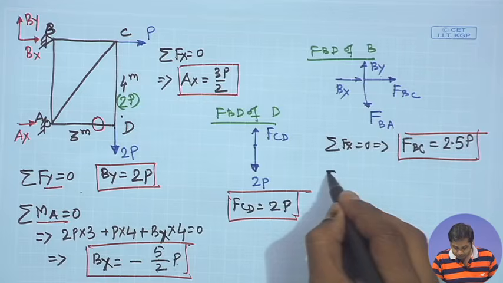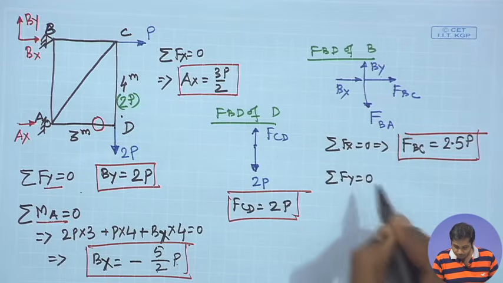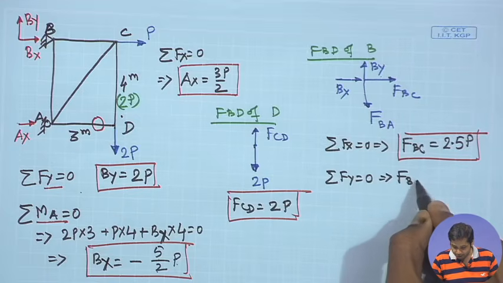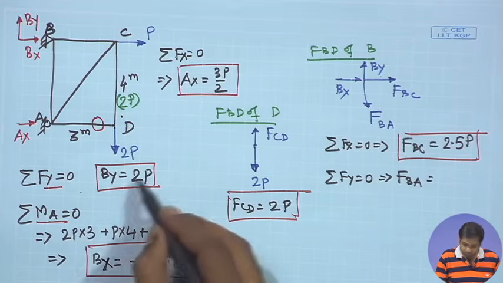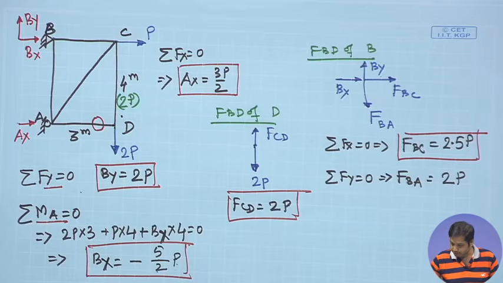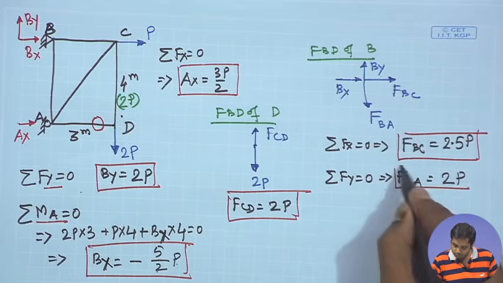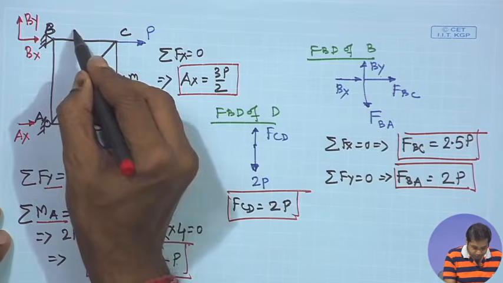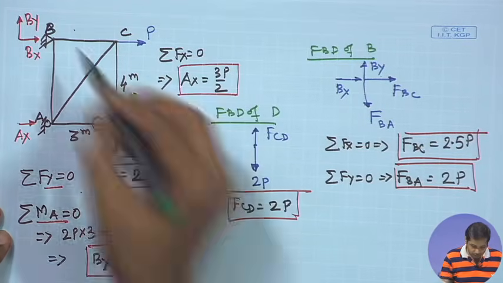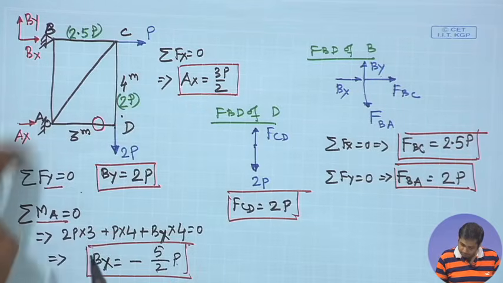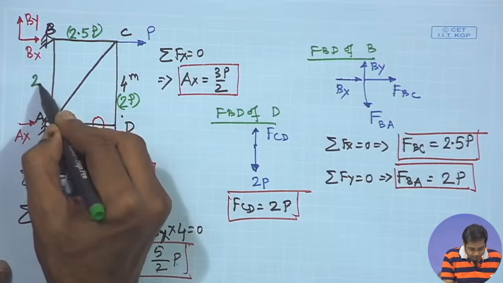Similarly, if we take summation of Fy is equal to 0, this will give us FBA will be By, which is equal to 2p, already obtained. So, the force in BC is 2.5p, and in BA it is 2p.